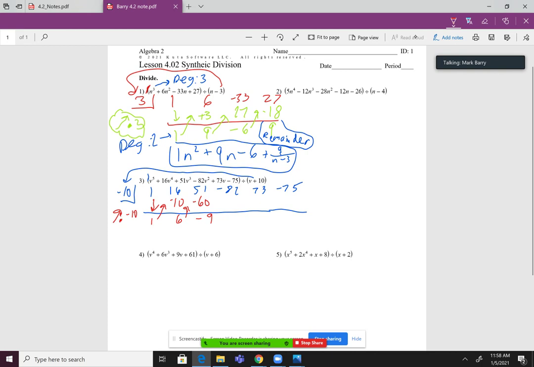All right, now we're going to multiply by the cupboard going back up. So negative 9 times negative 10 is a positive 90. We're going to add down. So negative 82 plus 90 is a positive 8. We're going to multiply by the cupboard going back up. So that'll be negative 80, excuse me.